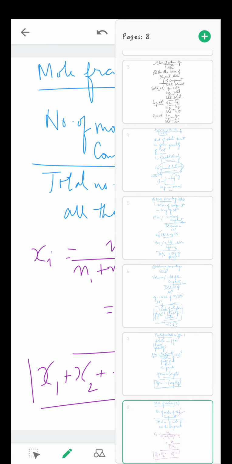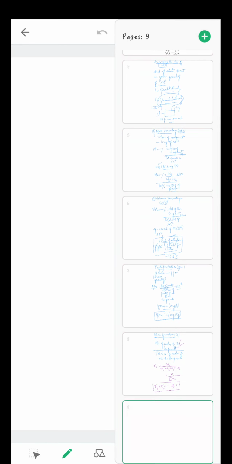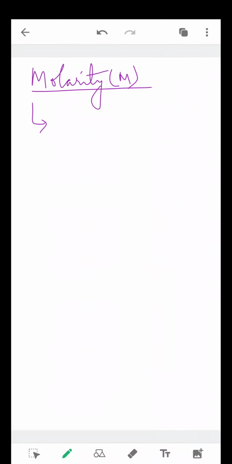All right, okay, now moving on, the next term is molarity. You have already studied molarity and molality in standard 11th, so this is basically a revision. Molarity, as you know, is defined as number of moles of solute dissolved in 1 liter or 1 cubic decimeter of the solution.